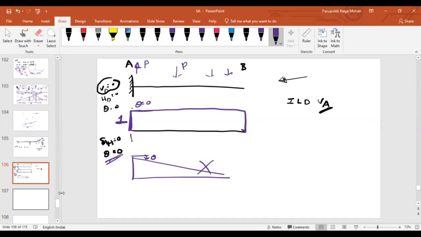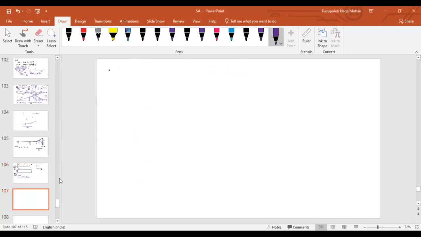If it's okay, then we can move on to shear forces and bending moment. Similarly, let us say ILD for shear force.